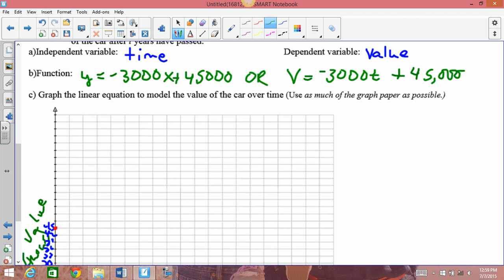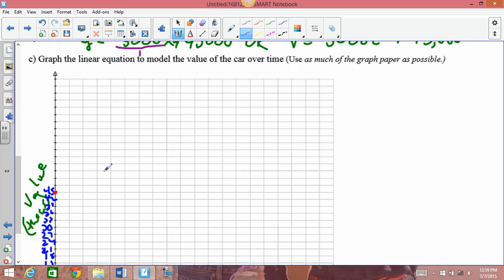And if you don't have a number underneath it, there's an imaginary 1 sitting underneath that. And so this is your rise over your run. So I need to rise 3,000, but because it's negative, I'm going to go down 3,000. By me counting by threes, going down just 1 unit is going down 3,000, and I run 1 unit.